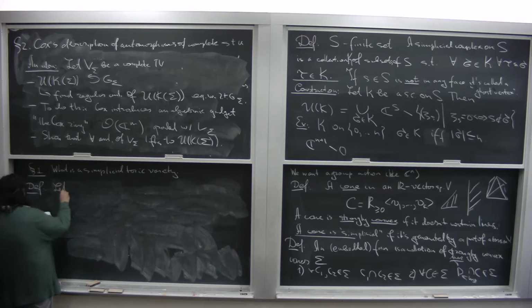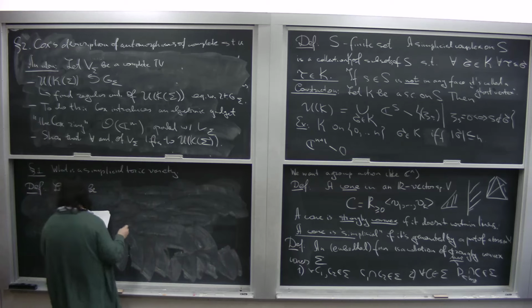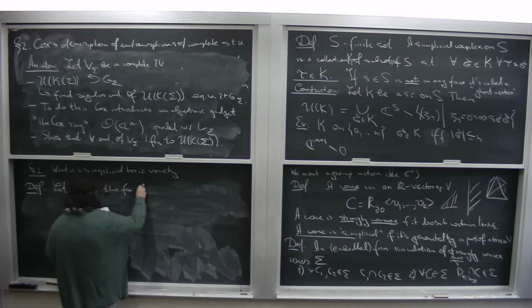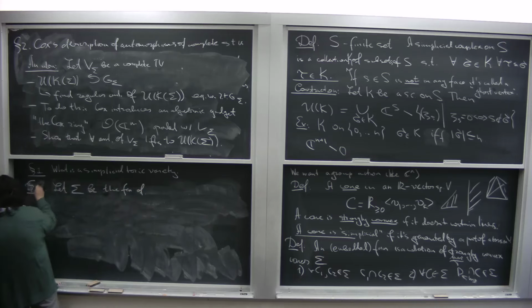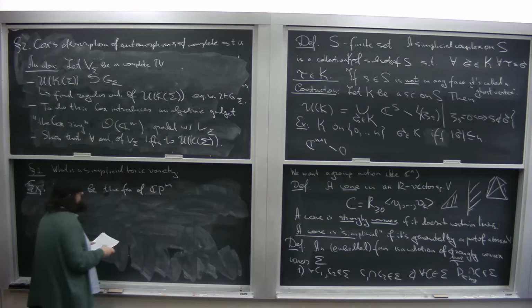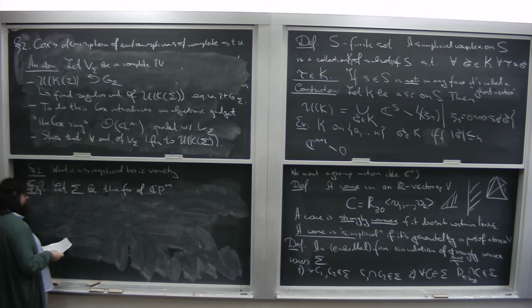So let sigma be the fan of CP^n. So this is kind of just a bunch of basis vectors and one vector pointing in the negative direction.